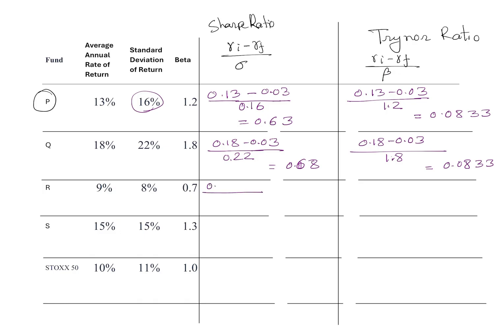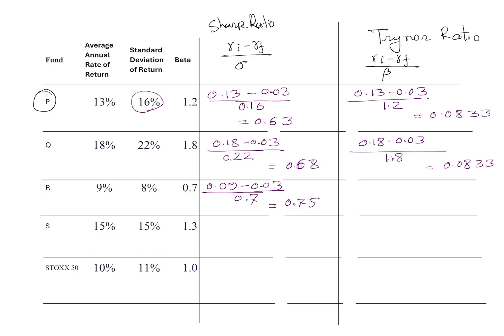And for R, 0.09 minus 0.03 divided by 0.7 gives us 0.75.